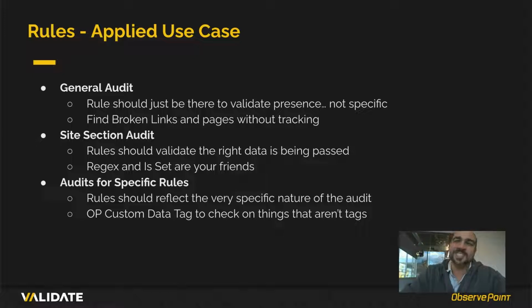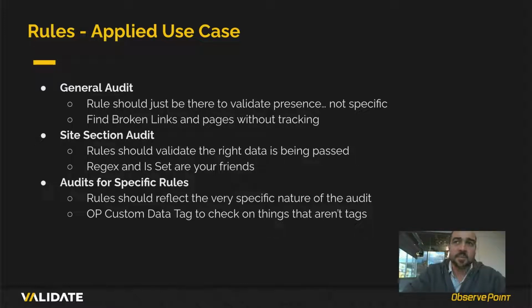Okay, but after that, we've got our specific audits, right, with very specific rules. In this case, we're doing things like loading a specific page, maybe clicking on something specific or landing with a parameter. And we're going to be testing that the analytics tag is passing that one piece of data that's very critical, or that modal's showing up because it's so important, the right cookies being set with the right value.